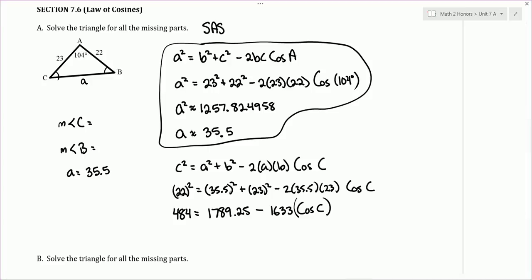And you end up with negative 1305.25 is equal to negative 1633 times the cosine of c. Then divide both sides by 1633.